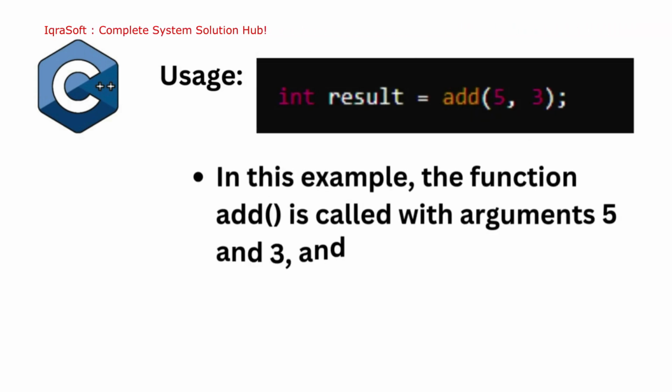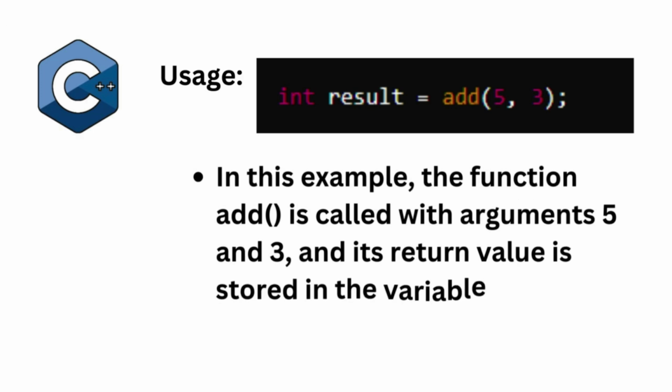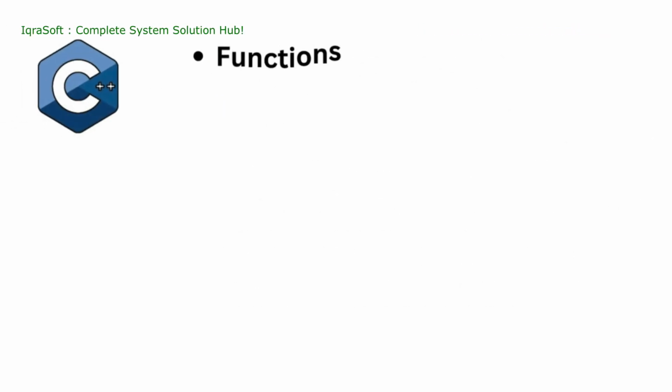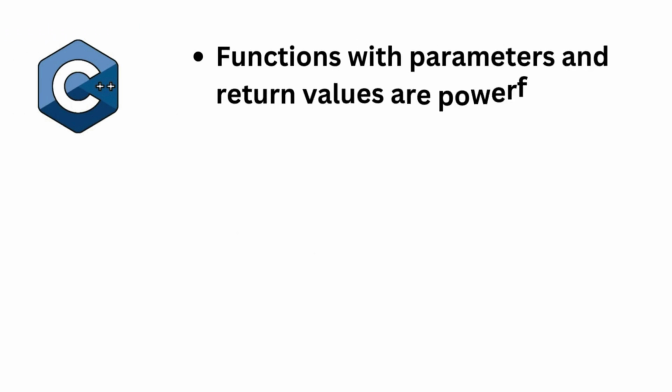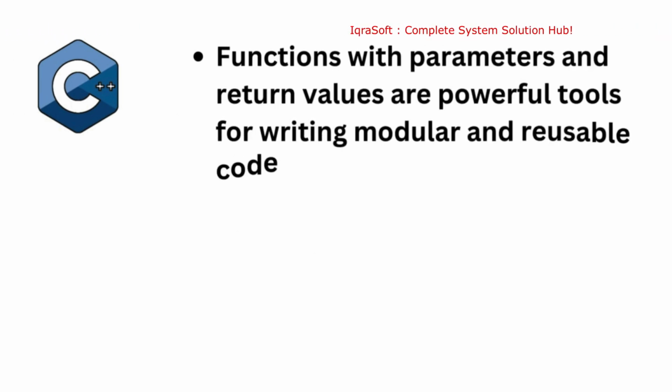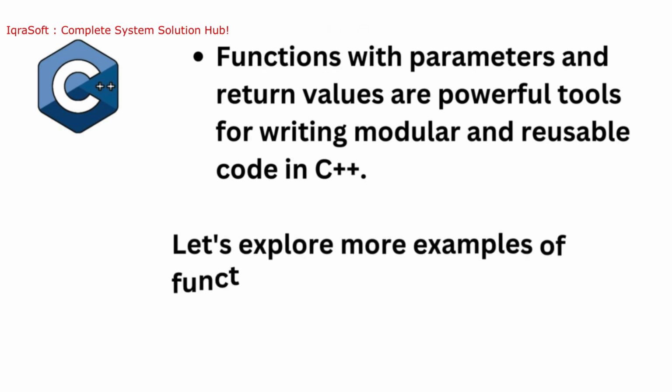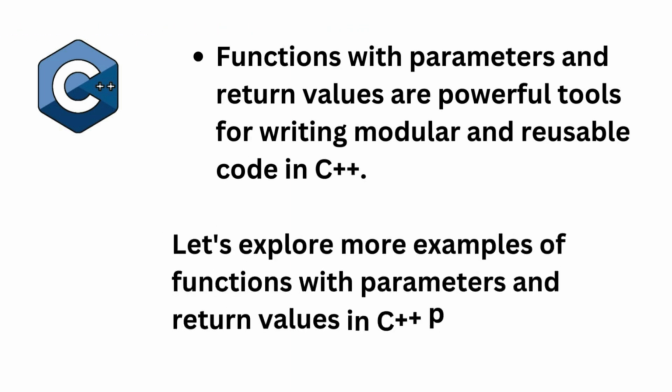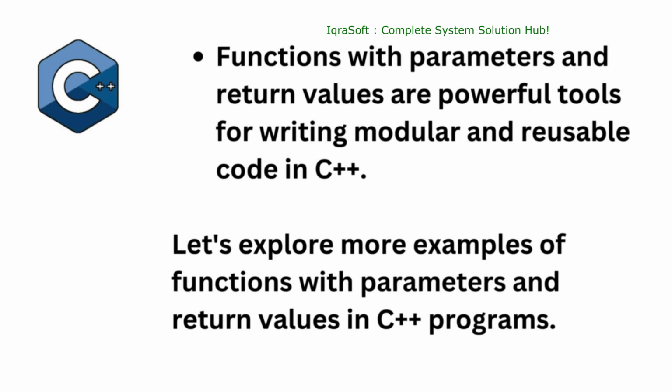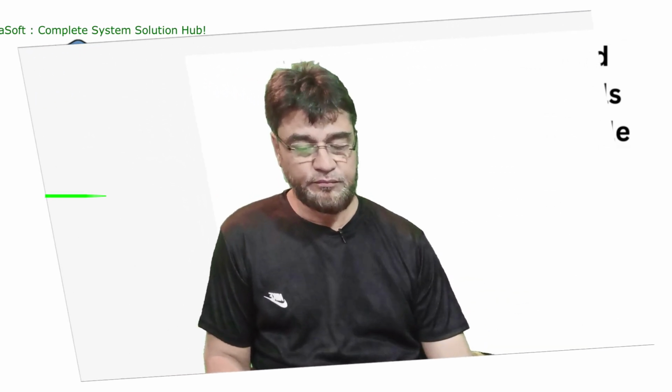In this example, the function add is called with arguments 5 and 3, and its return value is stored in the variable result. Functions with parameters and return values are powerful tools for writing modular and reusable code in C++. Let's explore more examples of functions with parameters and return values in C++ programs.